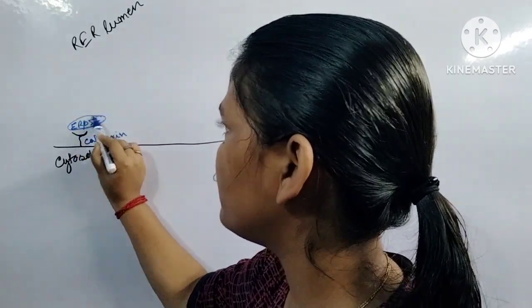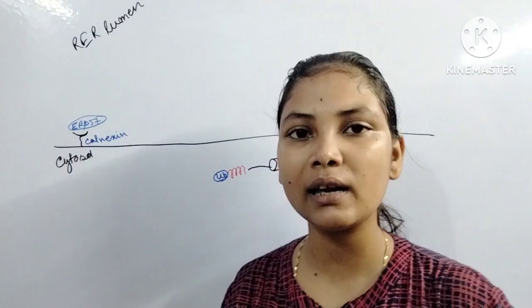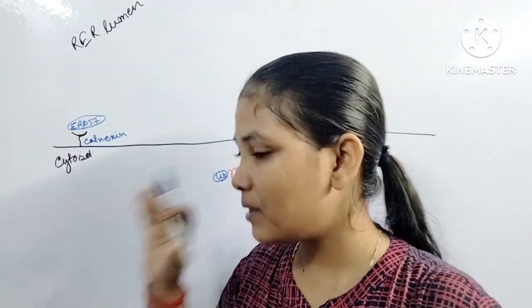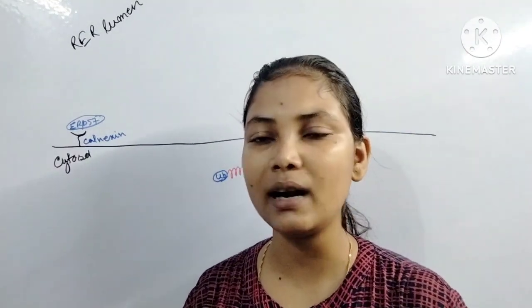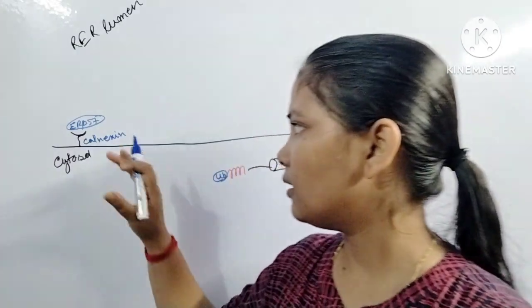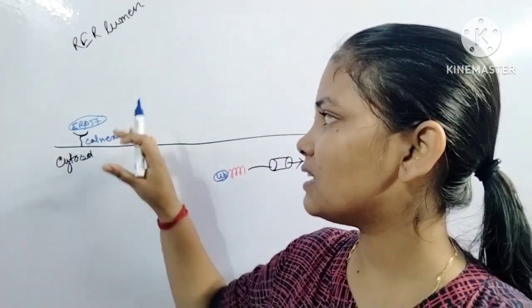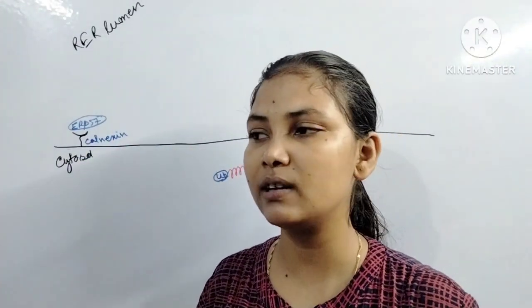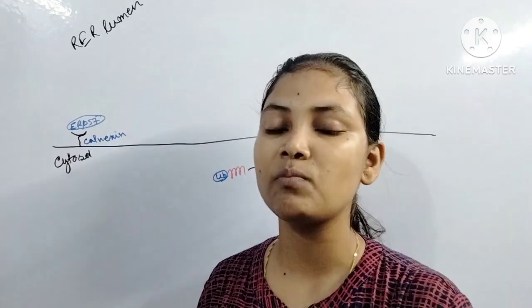Now this ERP57 occupies the peptide binding cleft of the alpha chain. It prevents any premature peptide binding to that alpha chain, and the binding of calnexin and ERP57 prevents premature degradation of the alpha chain.